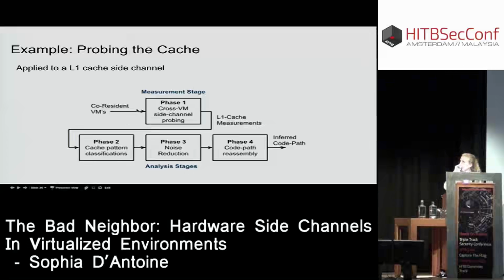In this example, you first have to determine co-residency. So you're trying to create a side channel in the cloud. You launch your VM, you start running your processes, and you're listening to the environment. You're receiving information about the L1 cache's behavior from your new VM. So you classify these patterns, and you have to have some beforehand knowledge about what that pattern should look like.